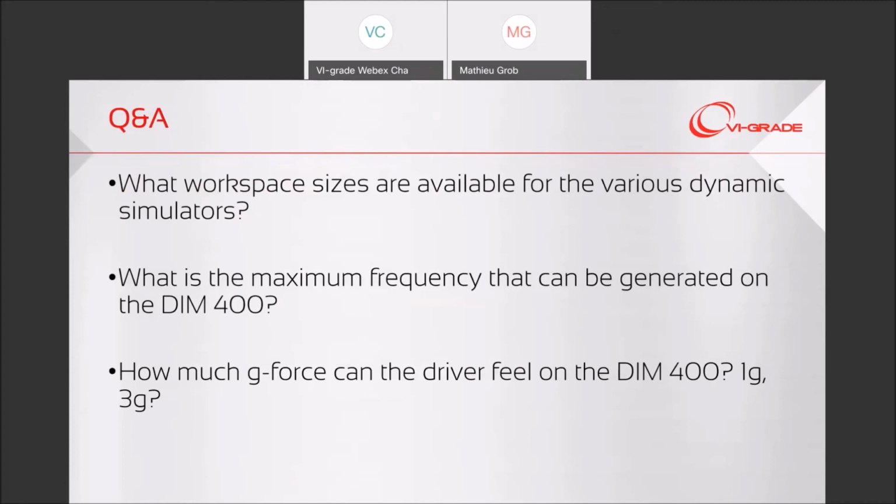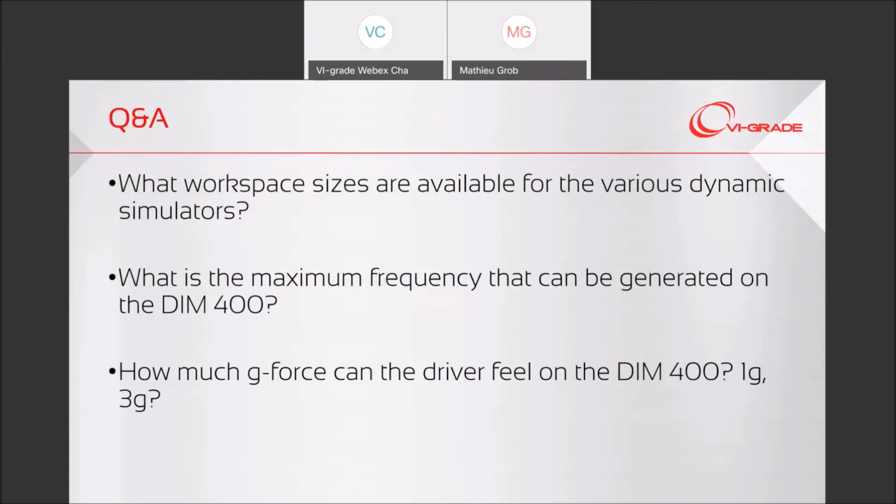Then the next question is, what is the maximum frequency that can be generated on the DIM 400? On the DIM 400, it's very similar to what I explained with the DIM 150 and 250. We have very low frequency, 0.5 up to 30, 40, 50 hertz, with the platform only.